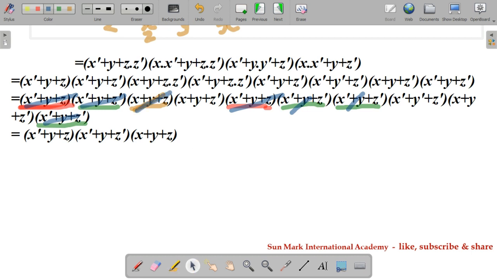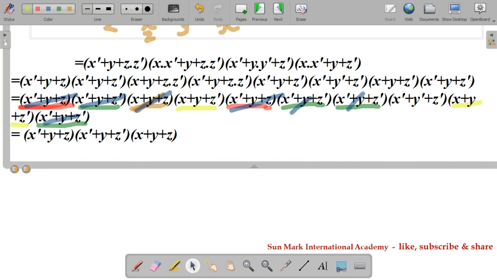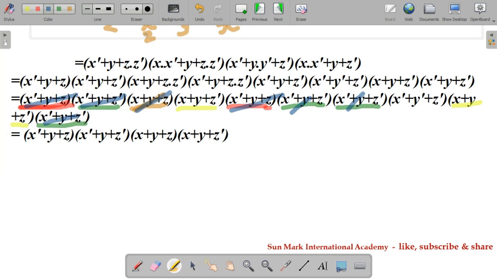And the next term, which one is the next term? Next term is x plus y plus z dash. Yes, it's there. Here also x plus y plus z dash. So two terms are there, so we get only one, x plus y plus z dash. Strike it out the same.